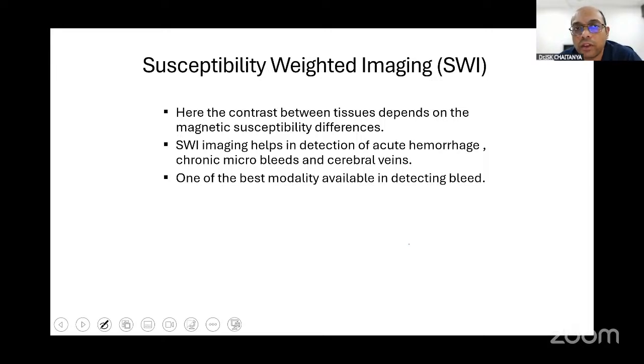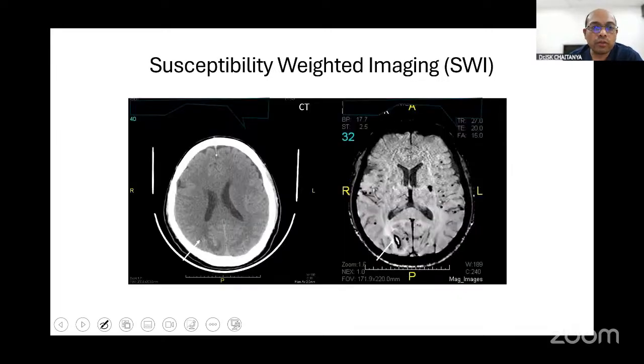In such a case, having a look at the susceptibility weighted image will tell us if there is any bleed anywhere else, especially in patients with old strokes or chronic hypertensives where BP is uncontrolled. They tend to have multiple microbleeds. I'll try to show you an image for that. Here, the CT is showing only a hypodensity in the right parietal region.